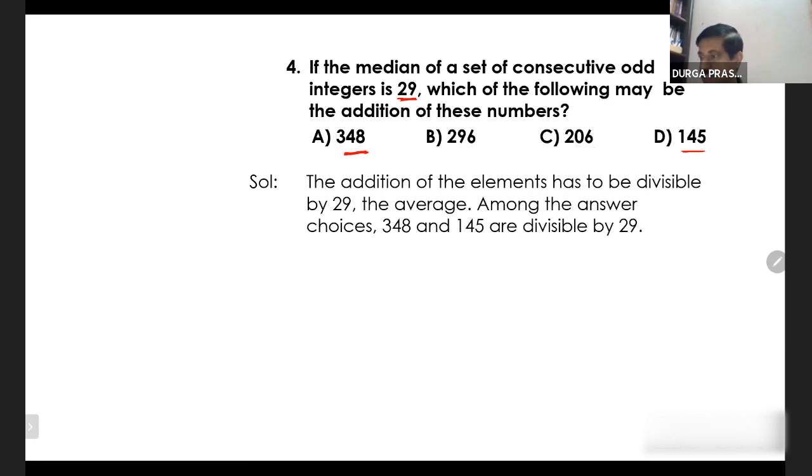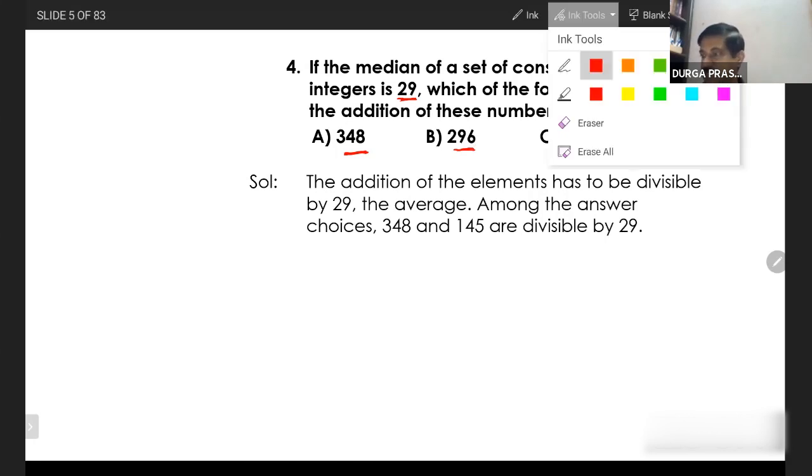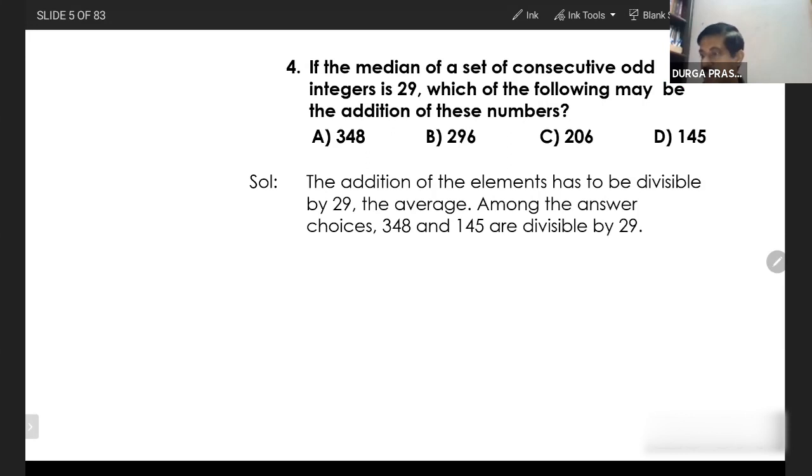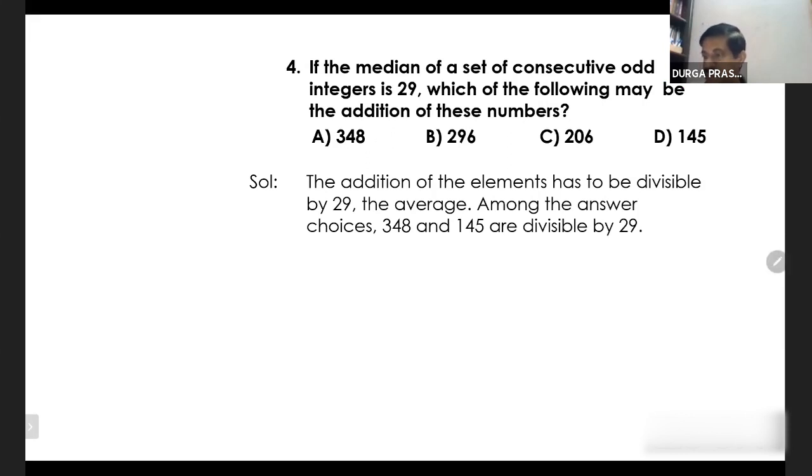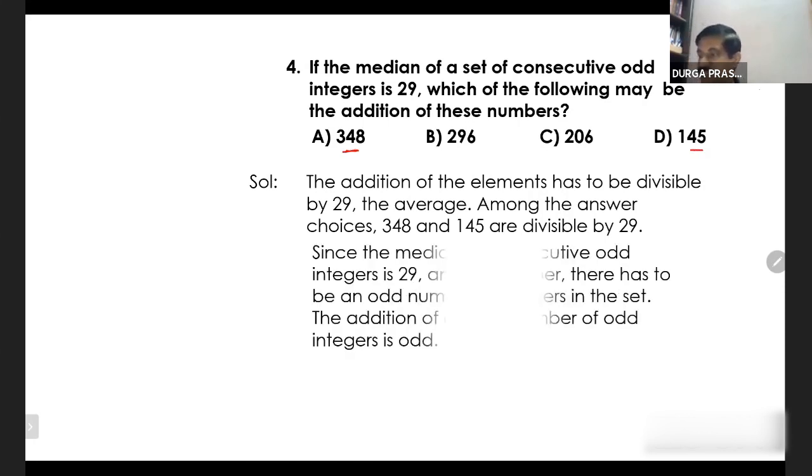It should be a multiple of 29 ending with either 6 or 16, so that is not possible. So the only possibilities are 348 and 145. Now we should see which of them could be the answer.